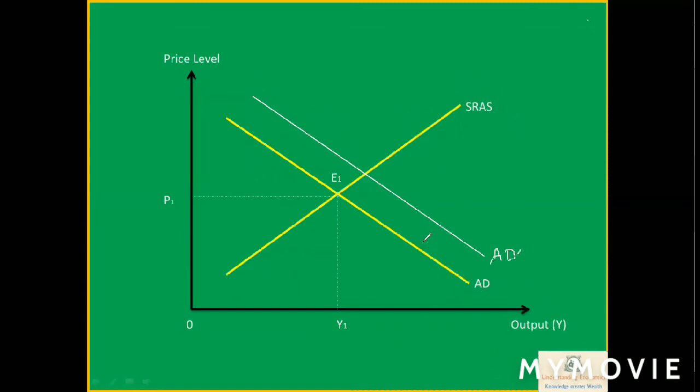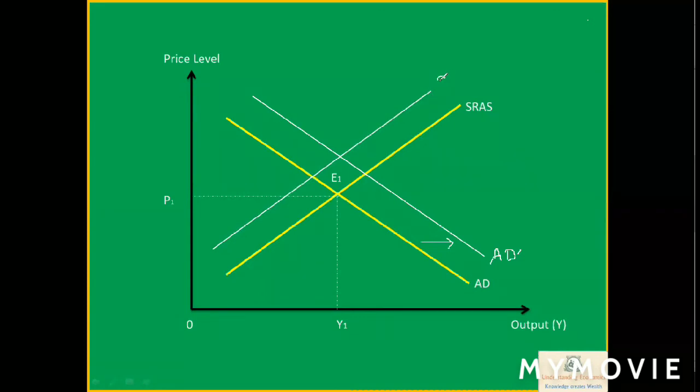The amount of change is denoted by the distance, and the same amount has been changed in the aggregate supply, but in this case aggregate supply has dropped, so the aggregate supply curve will move to the left.